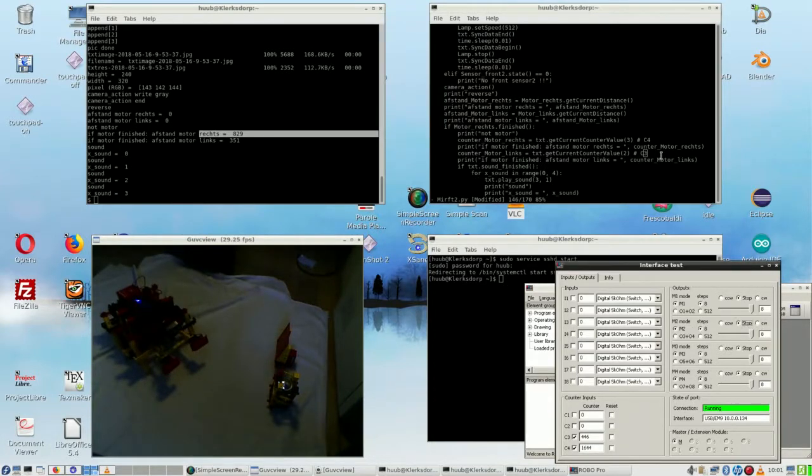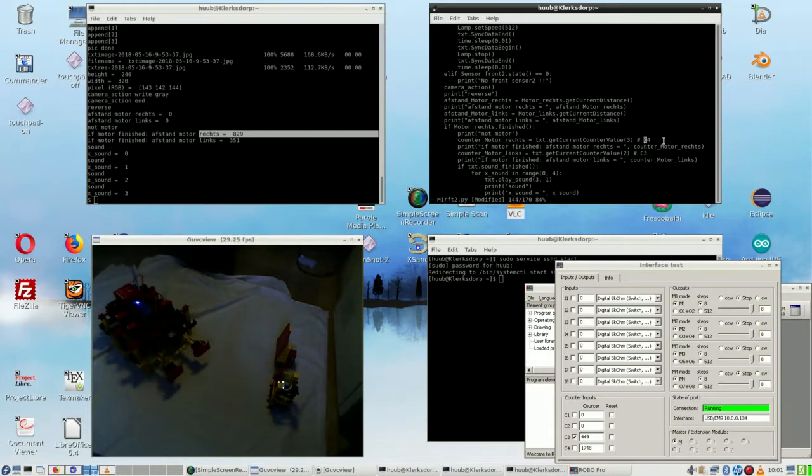M2 is, this is M2, and this way I can no longer make any mistakes in that.